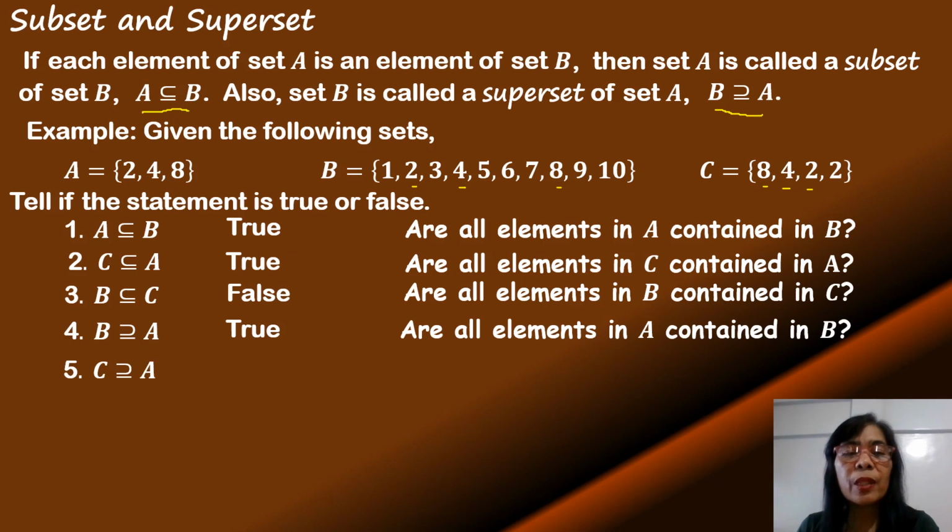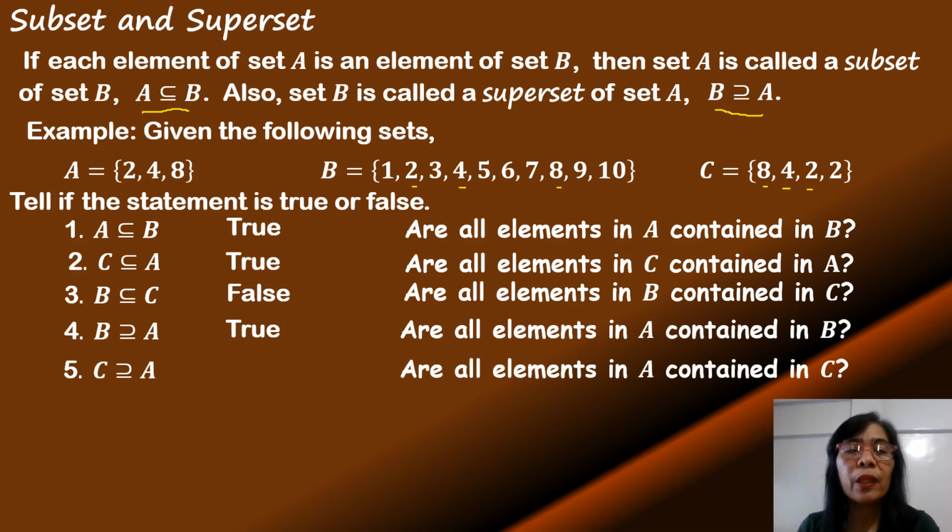C is a superset of A. Again, the question will be, are all elements in A contained in C? We look at A, the elements are 2, 4, 8, and C has elements 8, 4, and 2. All the elements in A are found in C, and therefore the statement is true.